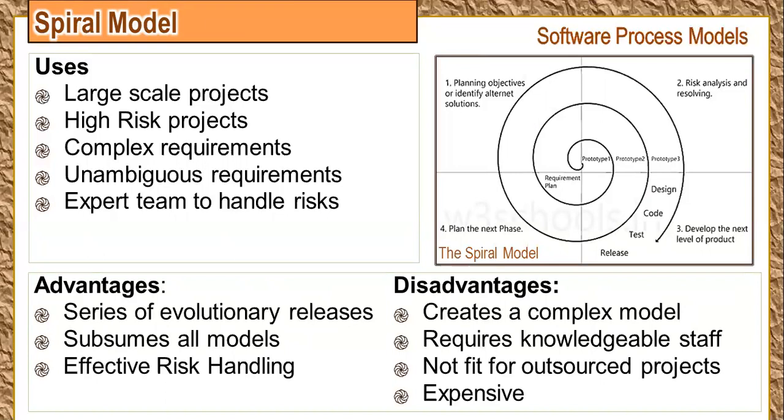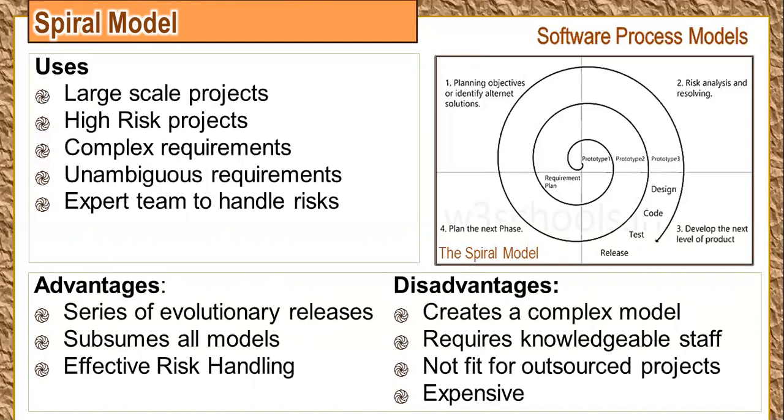You cannot say that if a particular project has 5 to 10 loops, all the remaining projects will have the same number of loops. They can be either less or more. Each loop is called a phase of the software development lifecycle. Okay. So let us see how it works.